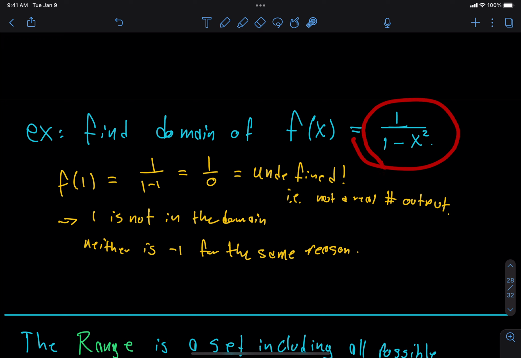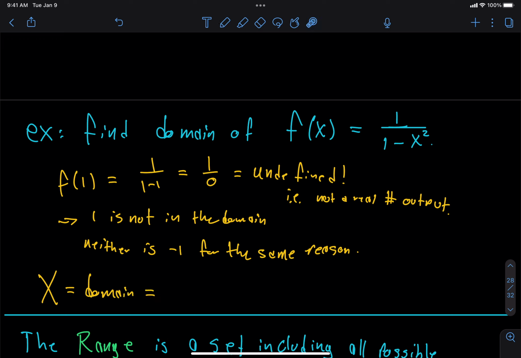Because the only thing we are worried about in this case is having a 0 in the denominator. So the domain of x is going to be equal to the collection of all numbers which aren't 1 or negative 1.